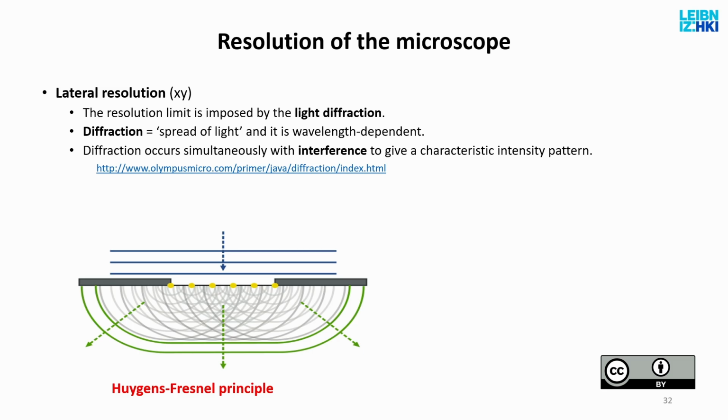But this behavior changes dramatically when the light beam arrives at an obstacle, or shines through a very small object or a very small gap, for example, in a piece of metal.